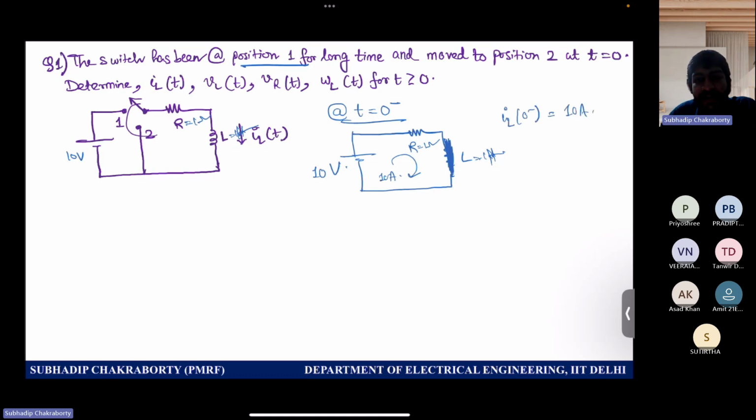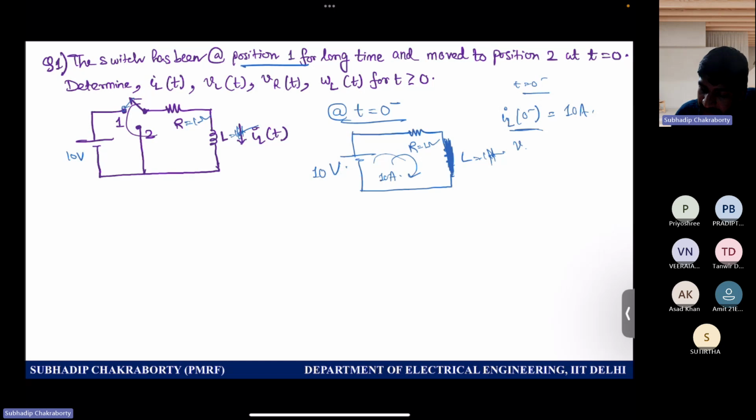Anyone having any doubt in this step? The problem says that the switch was connected at position 1 for a long time. What does that mean? That the circuit has already reached its steady state, and in steady state the inductor behaves as a short. Then simple Ohm's law gives the current through the inductor at the initial condition, t equal to 0 minus. It was 10 ampere.